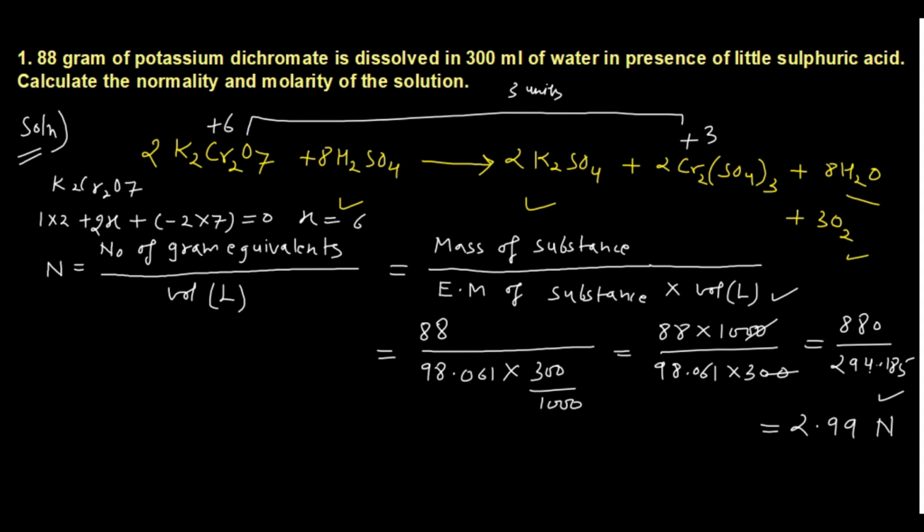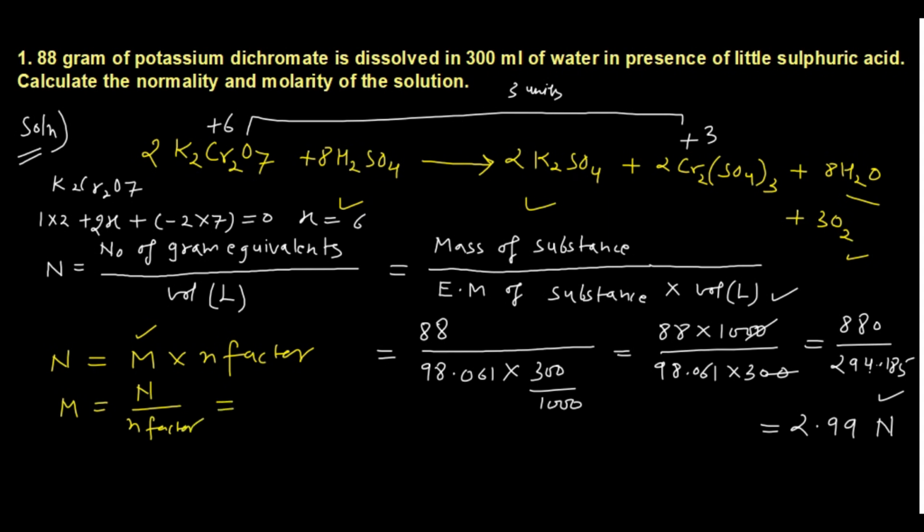Please remember, right? And if you go for the molarity, then you should know what is the relation. So relation is like that. Normality equals to molarity into n factor. Okay. And you need to calculate molarity. So you can write M equals to normality over n factor.